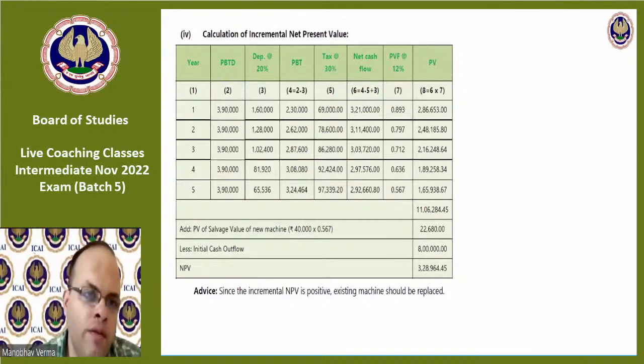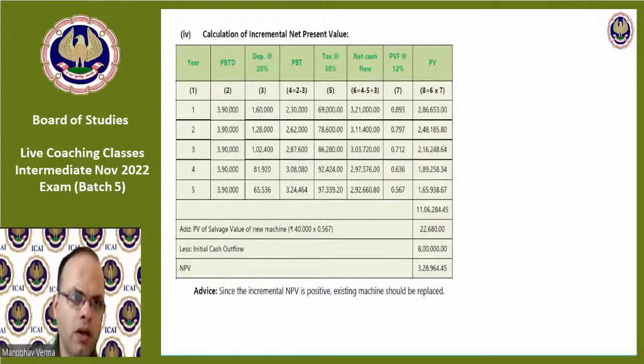We have, for all the 5 years on your screen, the profit before tax and depreciation 3,90,000. Depreciation is on 8 lakhs for the first year, 1,60,000. Then it will be on the written down value, 1,28,000, 1,02,000, 81,000, and 65,000.